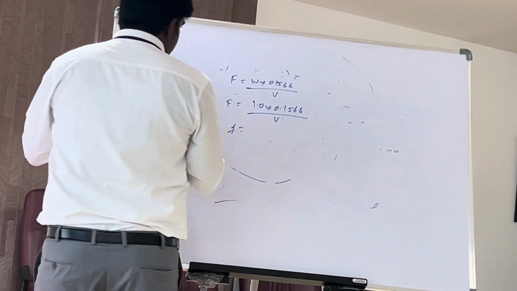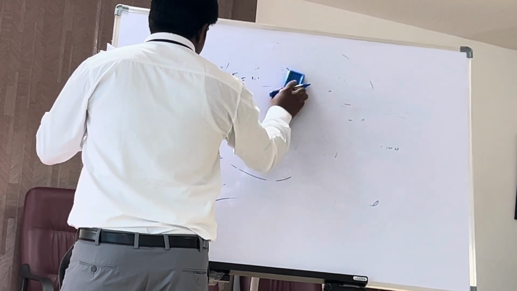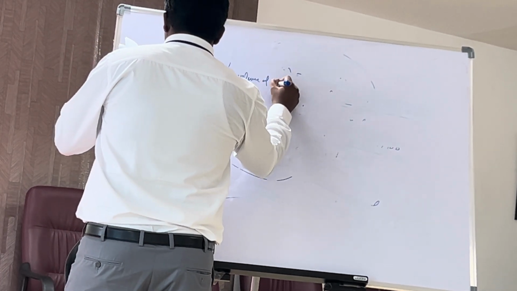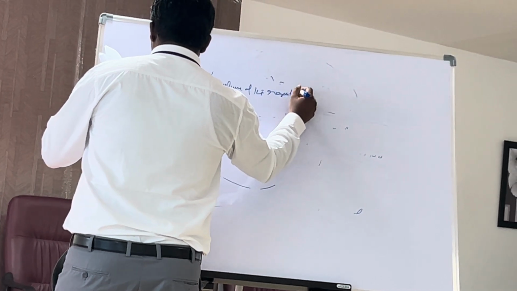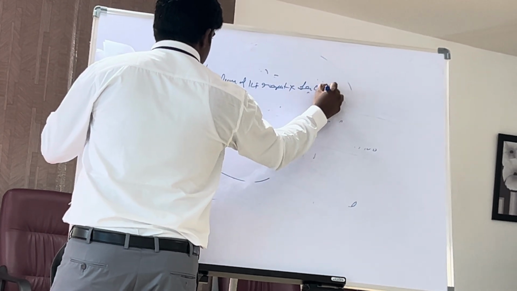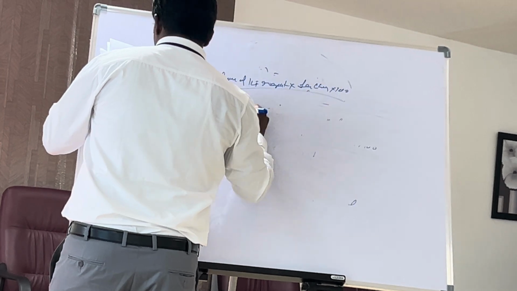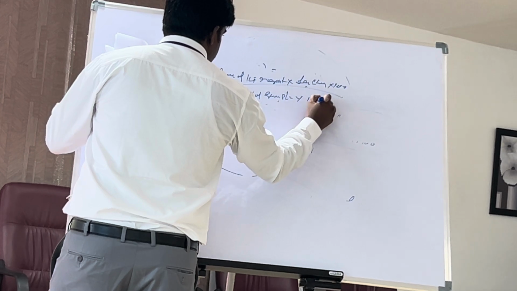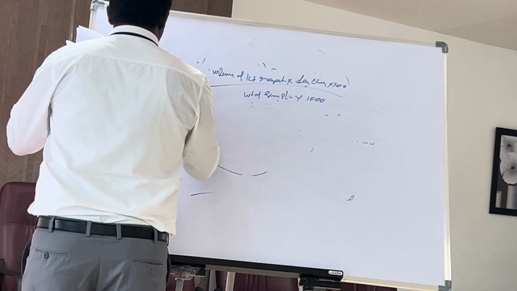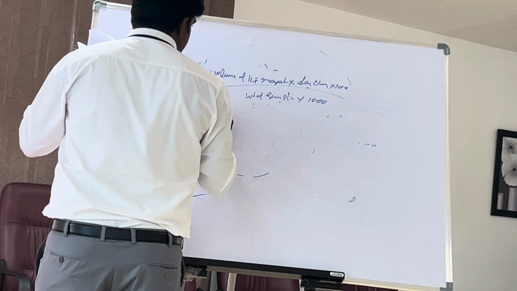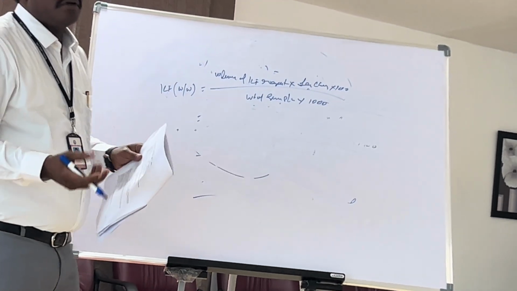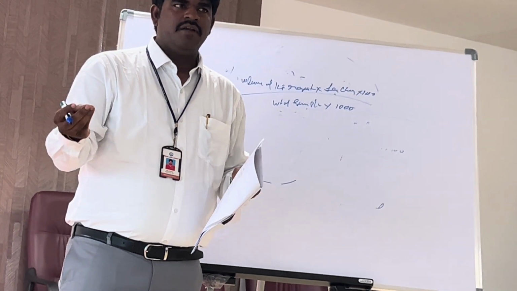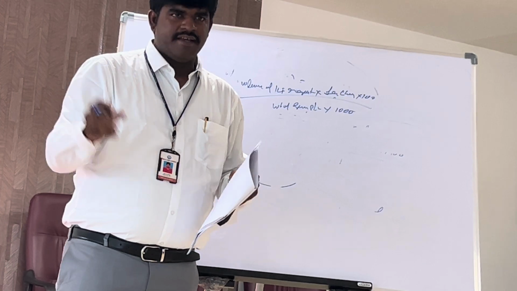The factor value is normally 5.0 something. Whenever you need to determine water content, the formula is: volume of KF reagent consumed into factor into 100, divided by weight of sample, into 1000. That gives the KF value, the water content weight by weight. For example, you take some 200 mg of the sample and pour it into the reagent.